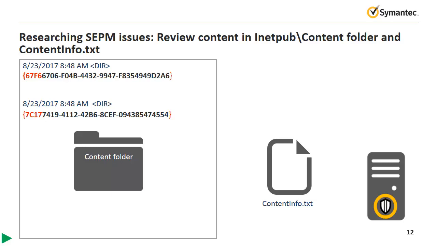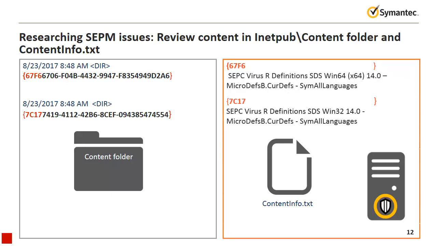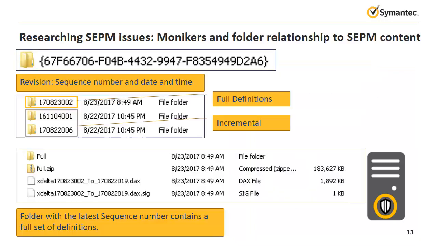If you suspect that the SEPM is failing to publish updates from the database, the next place to review is the content folder in the inetpub directory. You can verify the name of the folder in the contentinfo.txt file. Here's an example of how the SEPM stores definitions and the folder relationship to store definitions in the inetpub content directory.